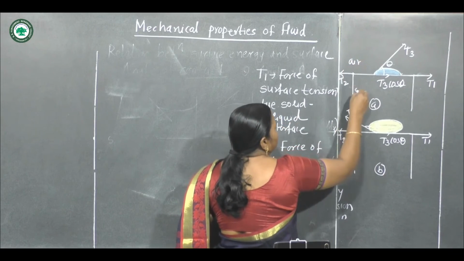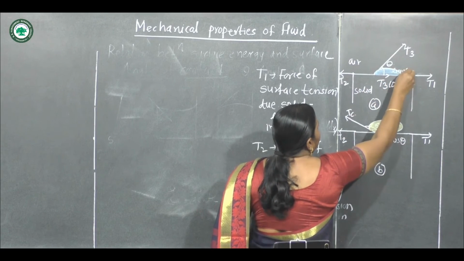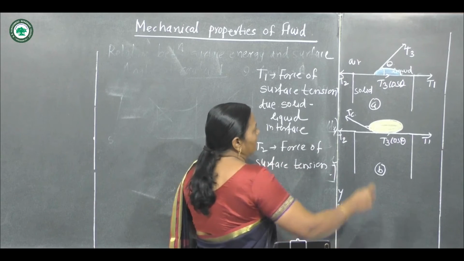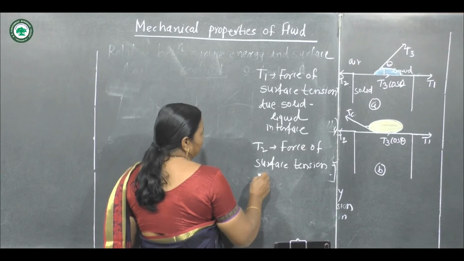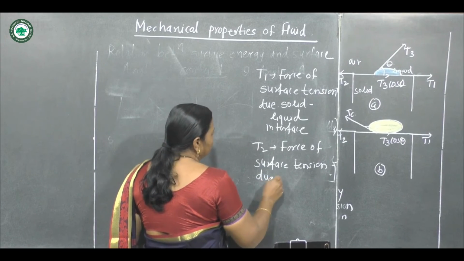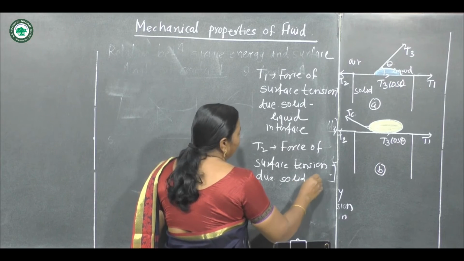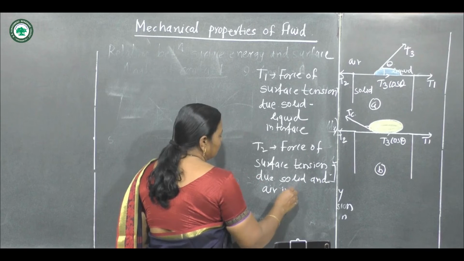This is air, this is solid, then this is liquid. T2 is the force of surface tension due to the solid and air interface.